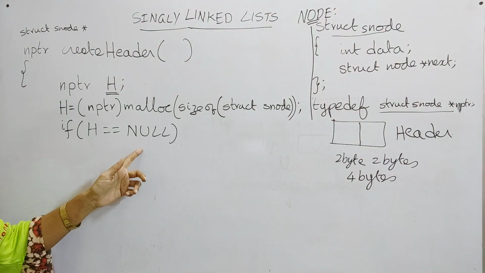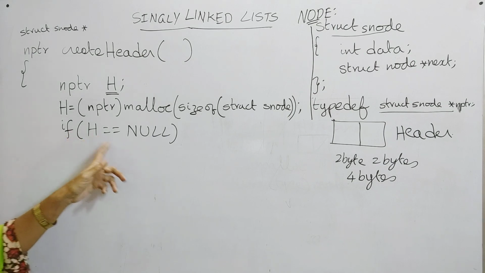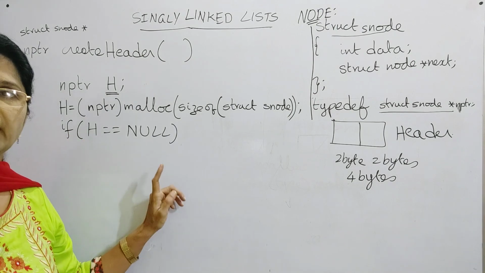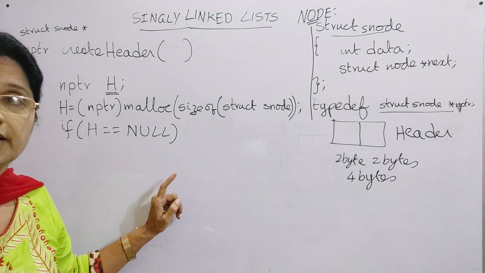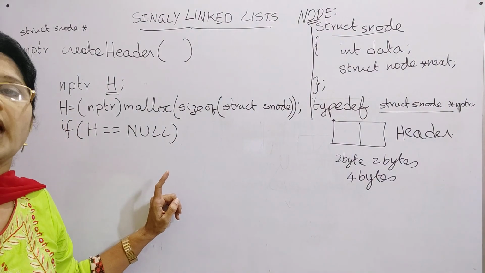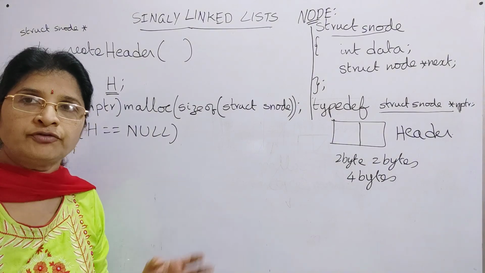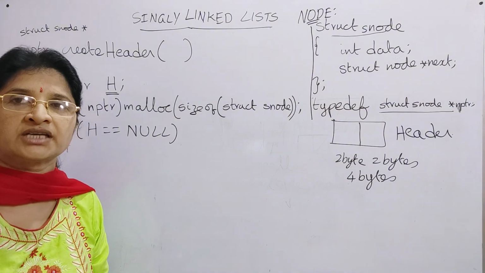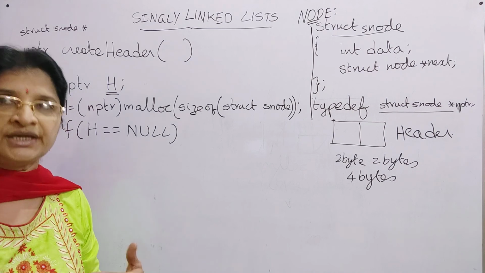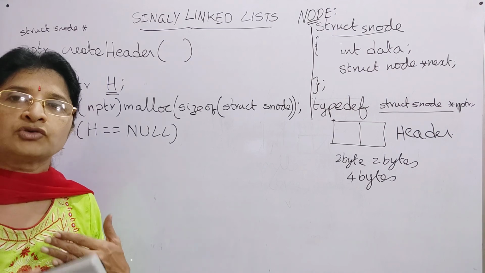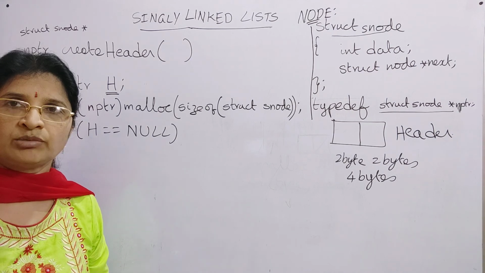If it is equal to null, it indicates that the memory has not been allocated to H. If it returns null instead of the address of your memory location, it indicates that the memory is not allocated to your variable H.